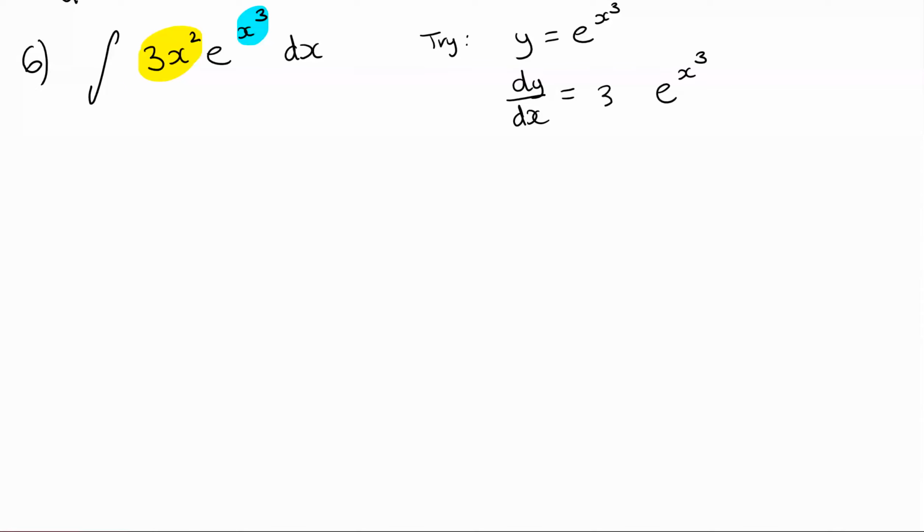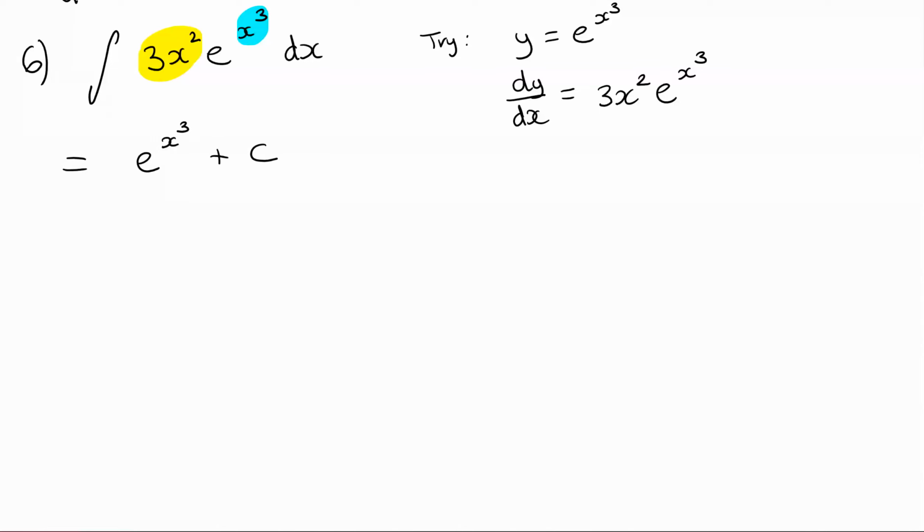So the derivative of the power is 3x squared, and we can see that when we differentiate e to the power of x cubed, we get 3x squared e to the power of x cubed. That must simply just mean that's the answer to the problem.